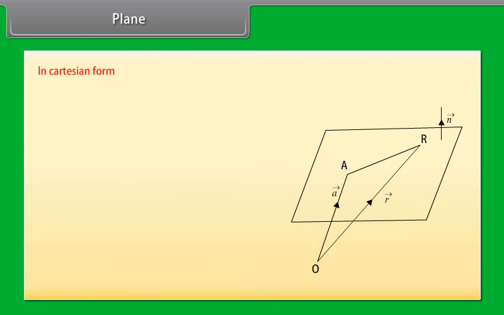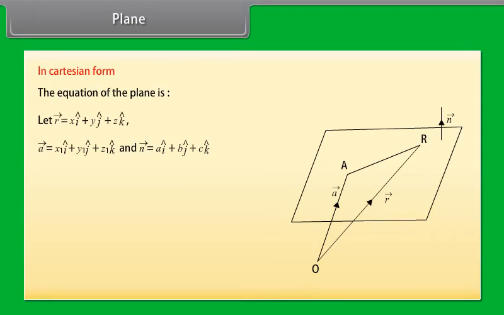In Cartesian form, the equation of the plane is: let vector r equals x cap i plus y cap j plus z cap k, vector a equals x1 cap i plus y1 cap j plus z1 cap k, vector n equals a cap i plus b cap j plus c cap k.